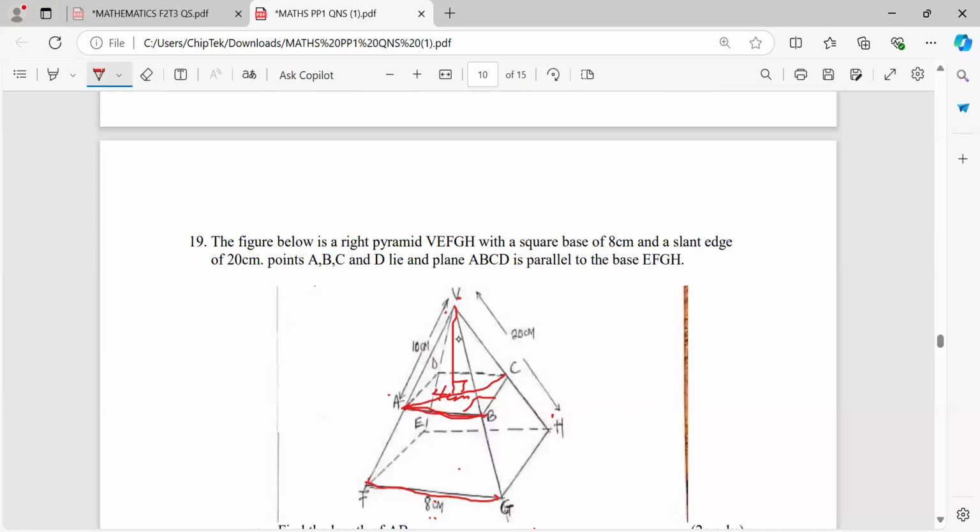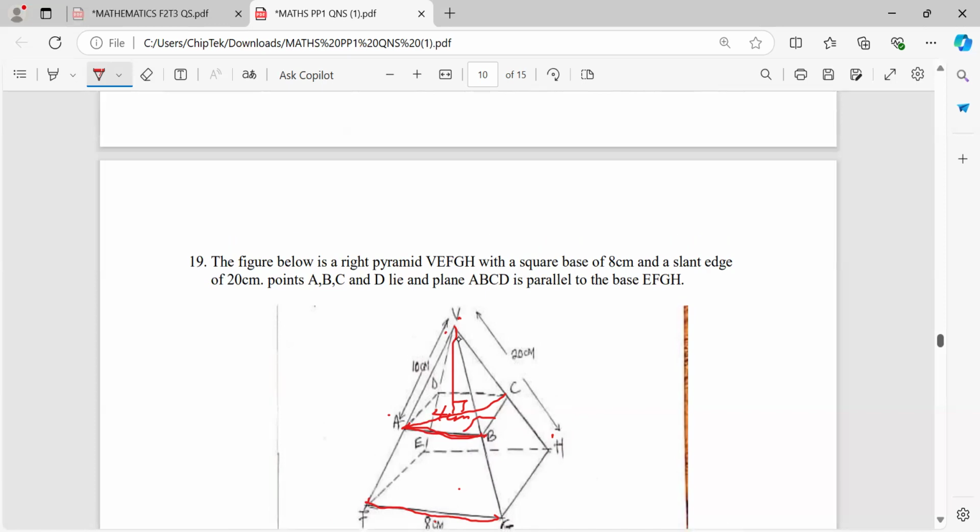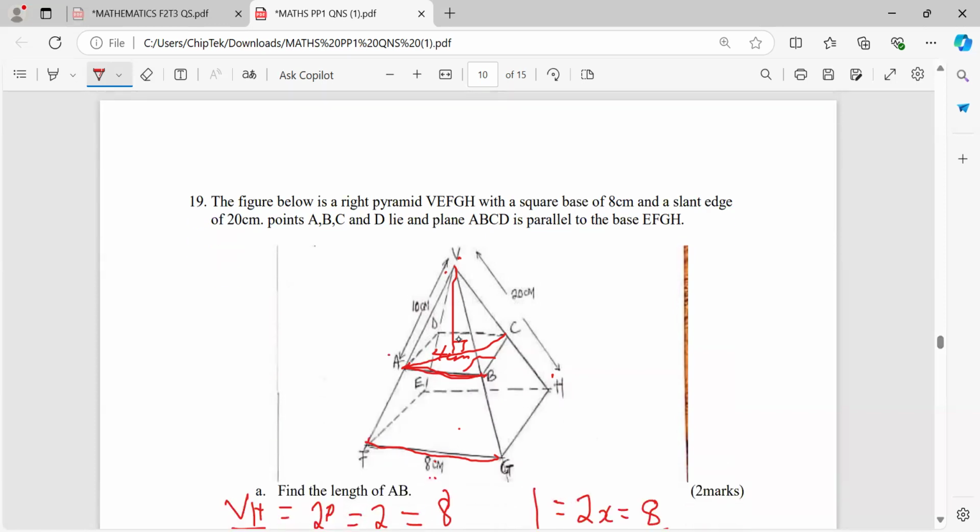So for you to get this frustum, what you do, you take the volume of the larger pyramid, you subtract with the volume of the smaller pyramid. Sasa volume of a pyramid always given by a third times your cross-sectional area, or your base area. So base hii ni square times your perpendicular height.